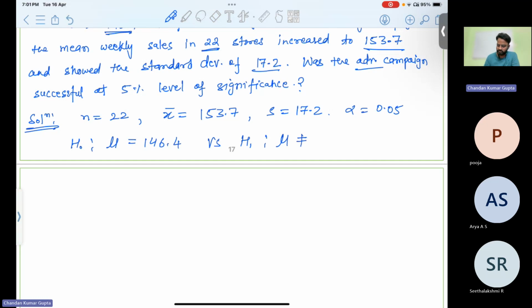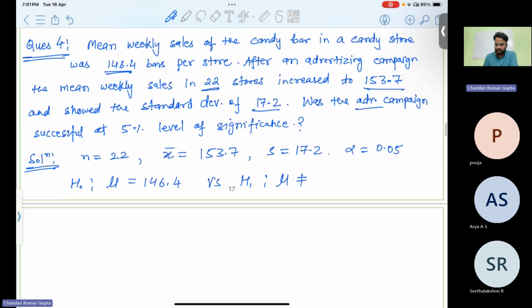not equal to, sorry. Here in the question, was the advertising campaign successful? It is successful only if the average sales increase. We say the campaign is successful if the average sale increases.